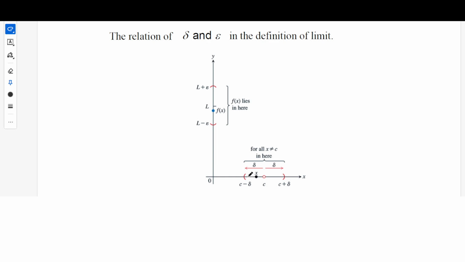If you pick any input, any value of x from here, according to the definition of the limit, it should be guaranteed that the image of that is supposed to be inside this interval on the y-axis. That is the meaning of a limit. Okay, that's the proper definition.